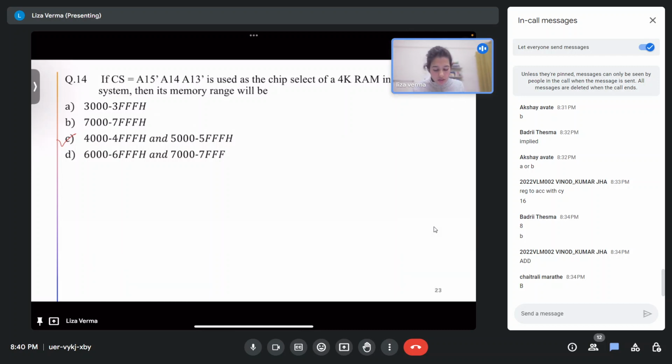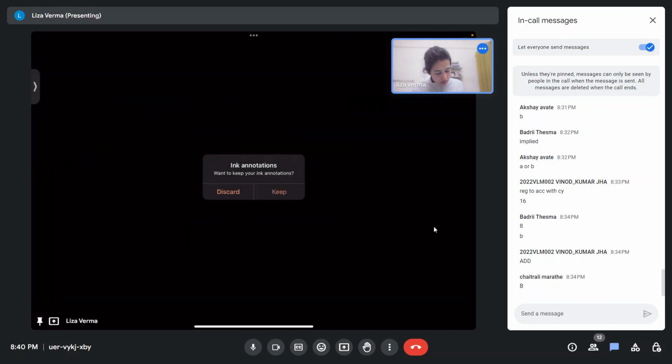So, first of all, understand what the question is. If chip selectors A15 prime, A14, A13 prime are used to select the chip of a 4K RAM in 8085, then what will be the memory range? This is the question, right?